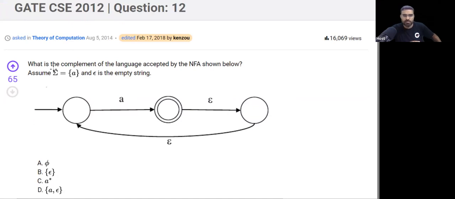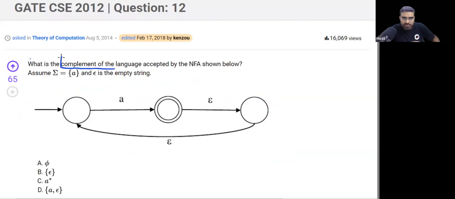So let's solve it. The question is asking, what is the complement of the language accepted by this NFA? This NFA is given to you. Can anyone tell me what the question is asking? What is the complement of the language accepted by this NFA?